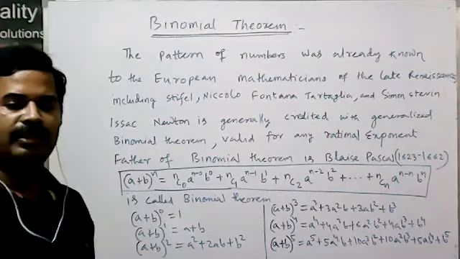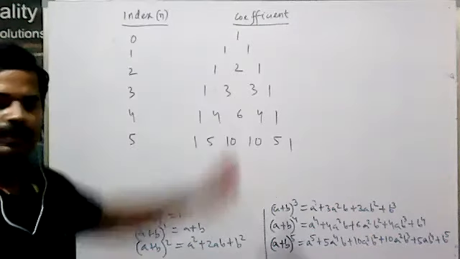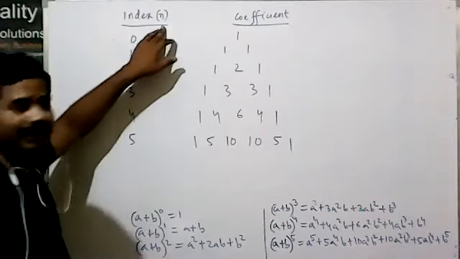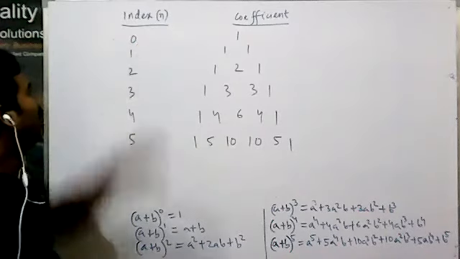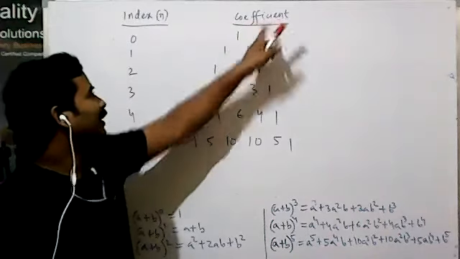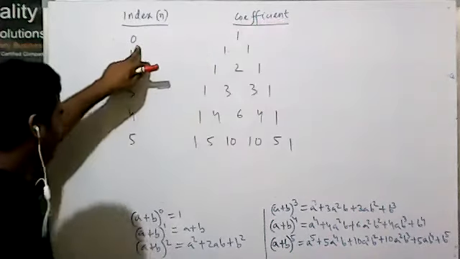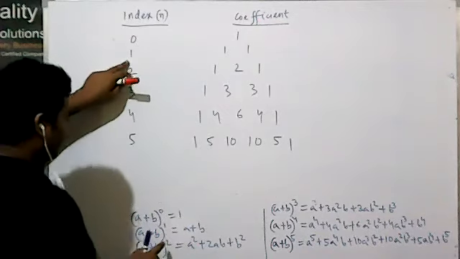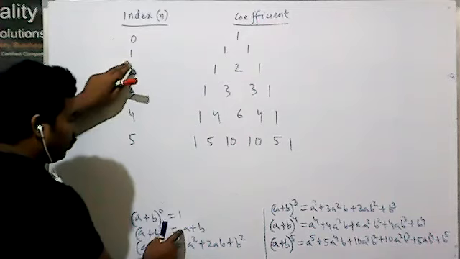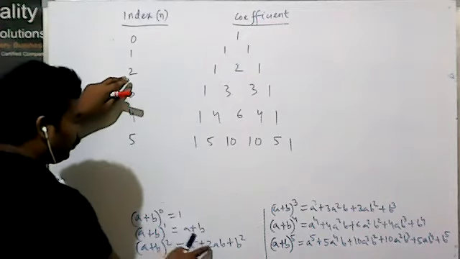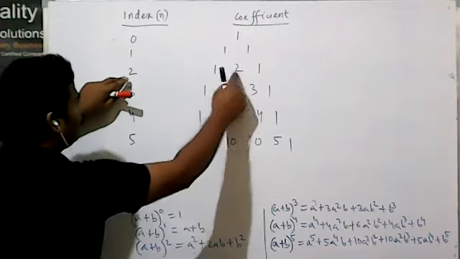Now let us discuss Pascal's triangle. If the index is n, the coefficients are given here. If the index is 0, the coefficient is 1. If the index is 1, the coefficients are 1 and 1. If the index is 2, the coefficients are 1, 2, 1.